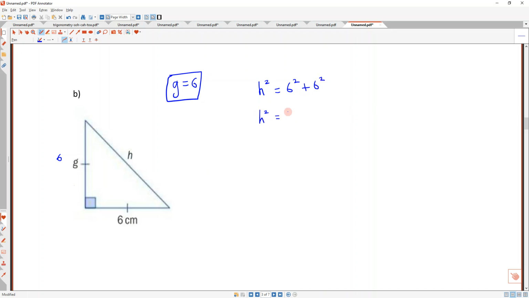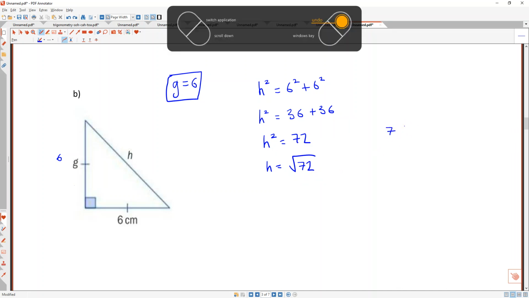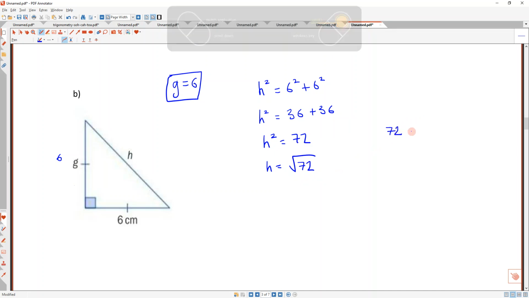6 squared is 36, 6 squared is 36. H squared is 72. So H is equal to the square root of 72. Now, 72 is the same as, say, 9 times 8.